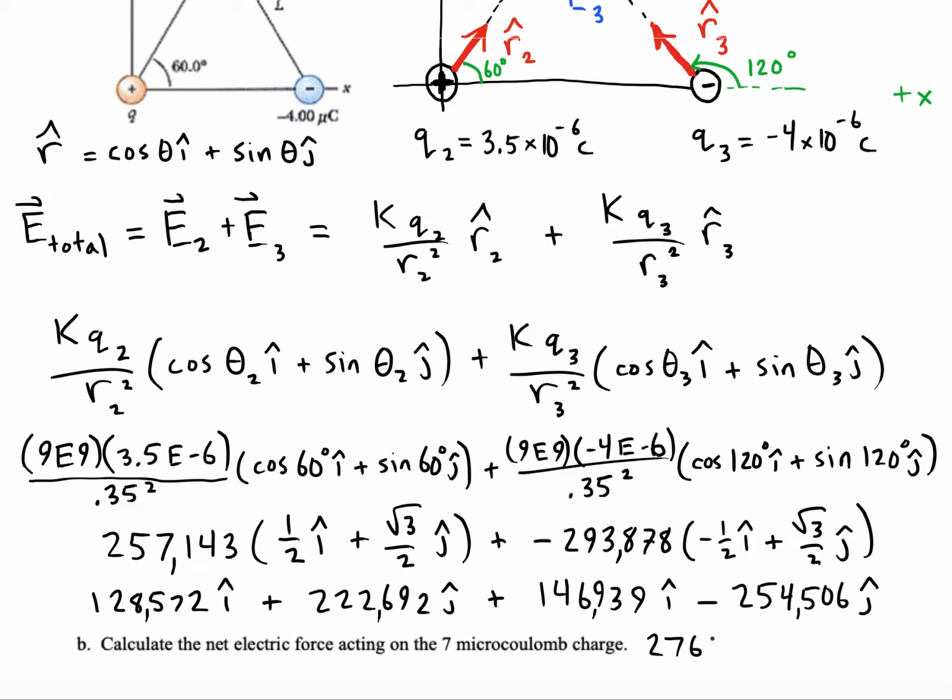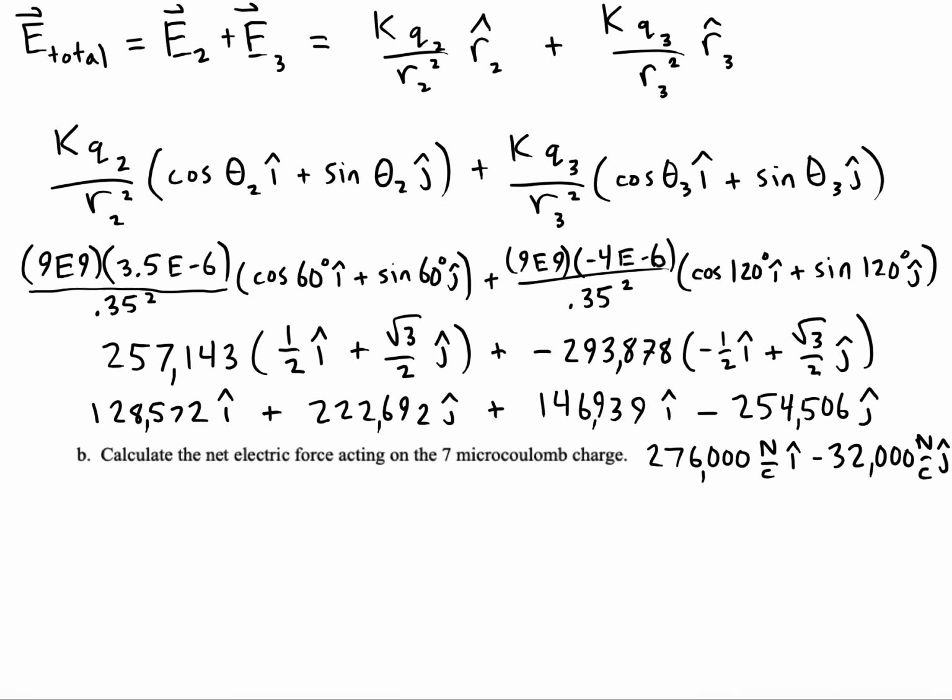I get 276,000 newtons per coulomb i minus 32,000 j. This is the total electric field at the 7 microcoulomb charge.